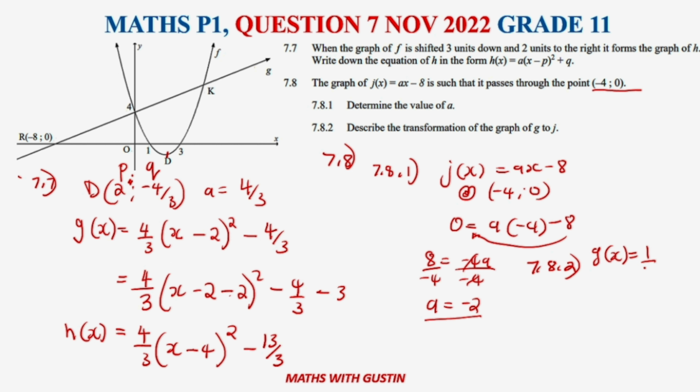It was half x plus 4. So now this one, j of x is minus 2x minus 8. Okay, so what happened here? We just need to describe the transformation.